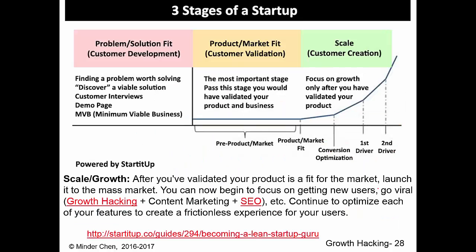So the three stages of startup, once again: problem solution fit, focus on customer development, and product market fit is about validate the customer. And the third stage, scale, we're talking about customer creation and growing the customer. So the important milestone is to reach and find the product market fit.